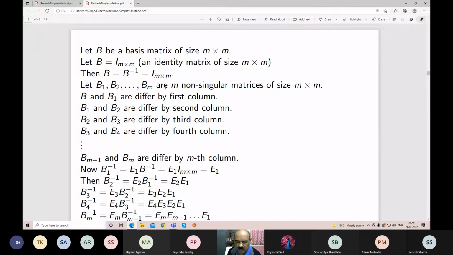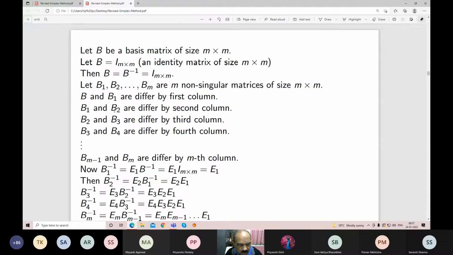Now I am considering it in this manner. B and B1 are two different matrices, differing by the first column only. Both B and B1 differ by the first column.